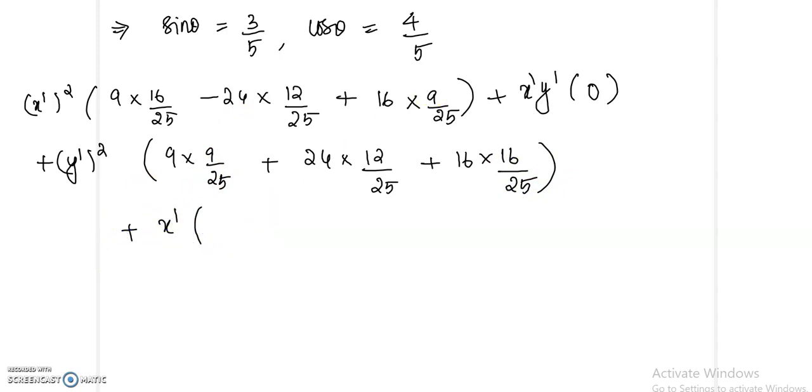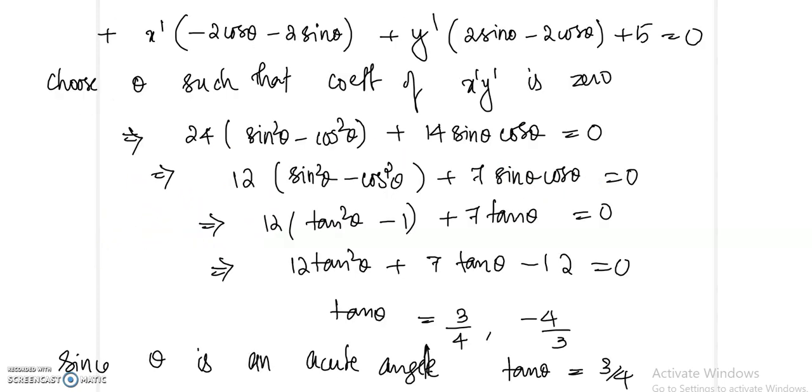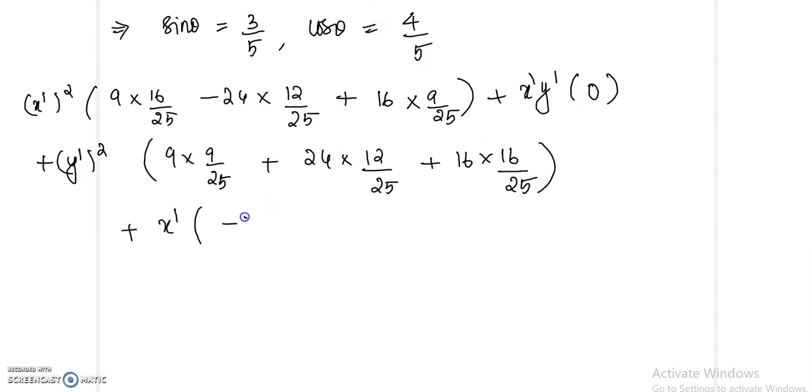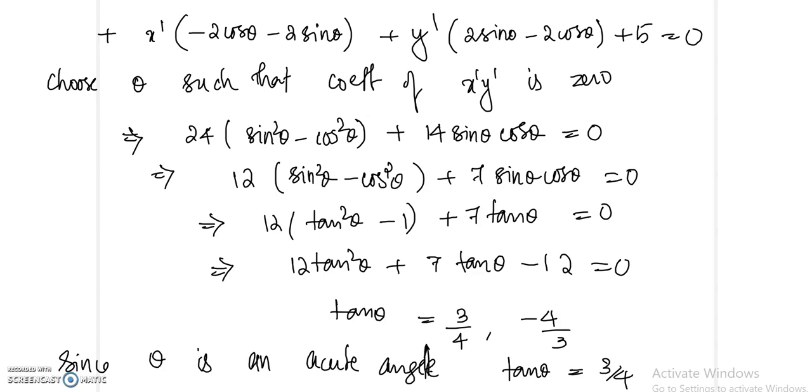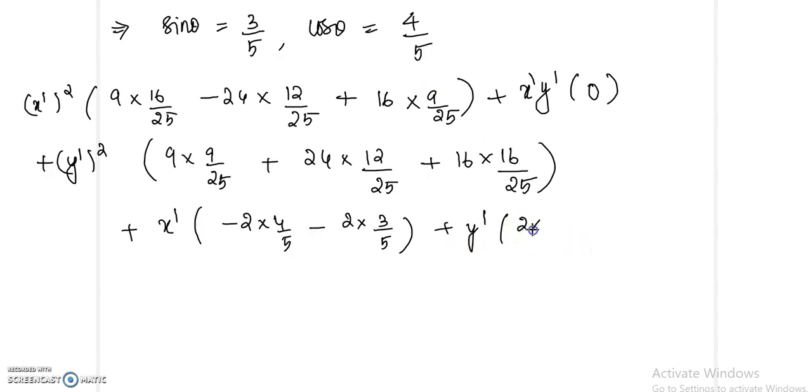coefficient of x dash will be minus 2 cos theta minus 2 sin theta. Minus 2 into 4 by 5 minus 2 into 3 by 5, and coefficient of y dash will be 2 sin theta minus 2 cos theta. 2 into 3 by 5 minus 2 into 4 by 5 plus 5 equal to 0.